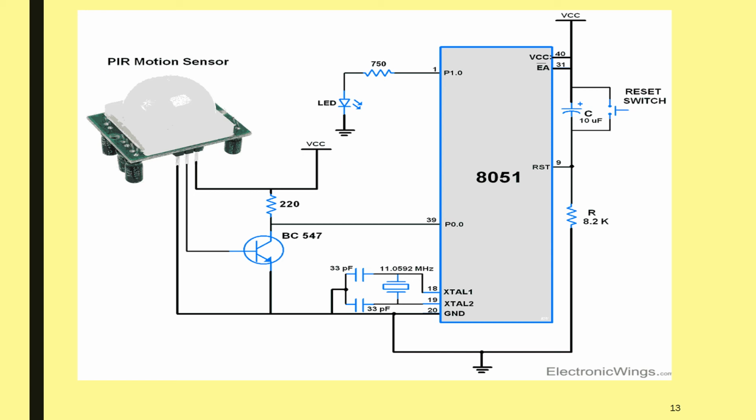This is the general circuit diagram. As shown in the circuit, it will read the status of the output of the PIR sensor and switch on, for example, an LED connected to the P1.0 pin. The output pin of the PIR sensor is connected to port 0, and a reset switch is connected to the reset pin.